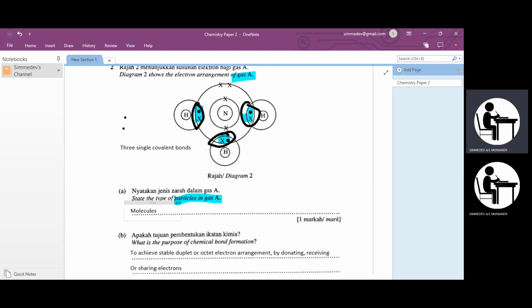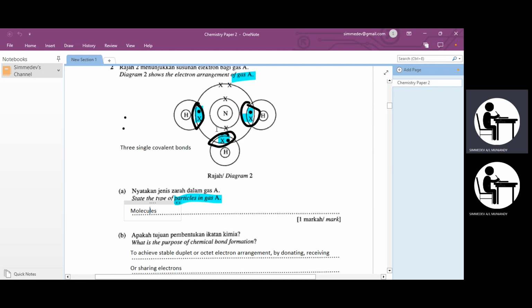And then you have to mention what type of bond is being formed here. In this case, there are 3 single covalent bonds, and you also have to mention how many electrons are needed for each of these atoms to achieve either a stable duplet electron arrangement or a stable octet electron arrangement.